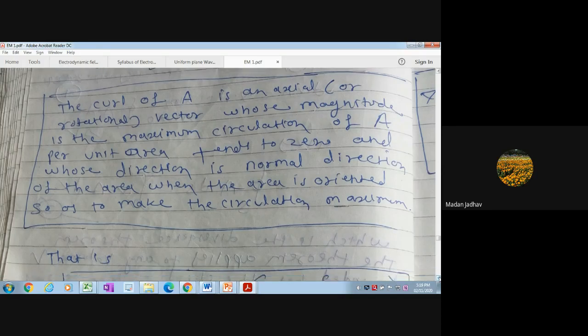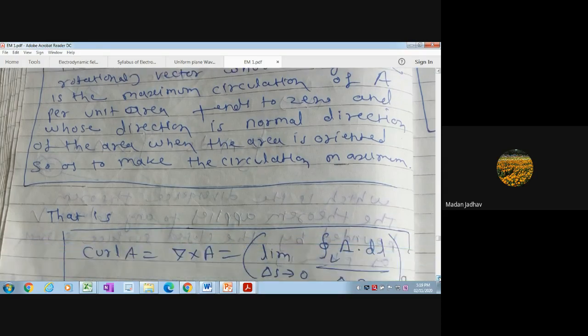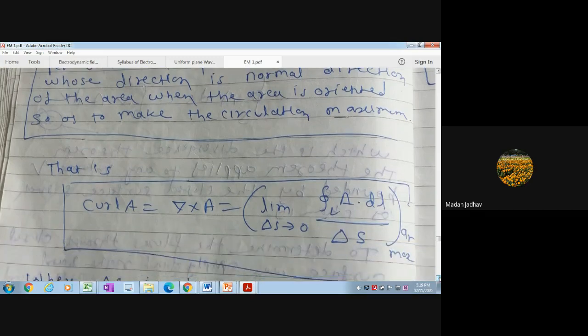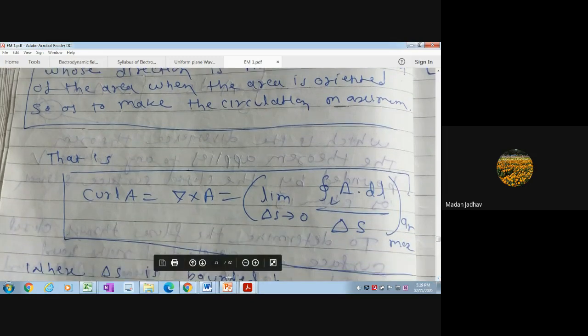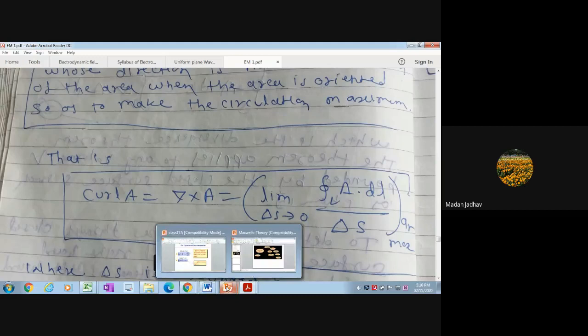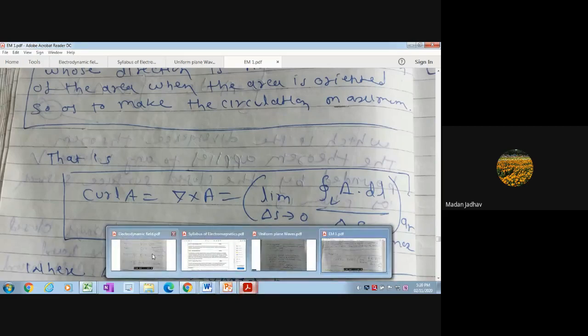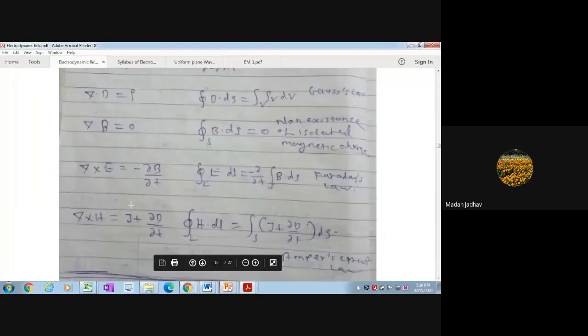This is the meaning, and that is the second equation. The first, curl of E is equal to minus ∂B/∂t, we have obtained from Faraday's law.